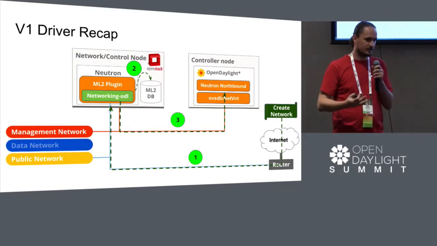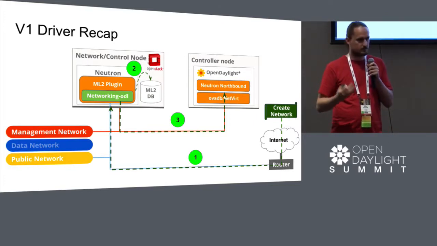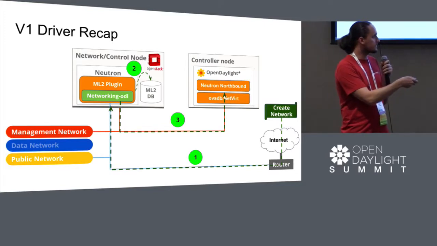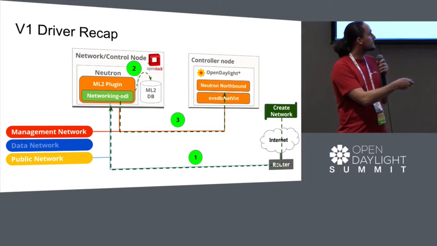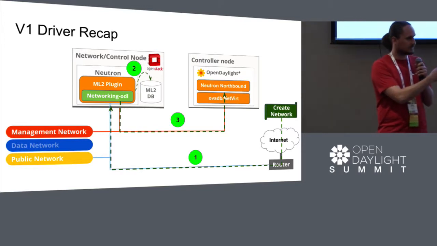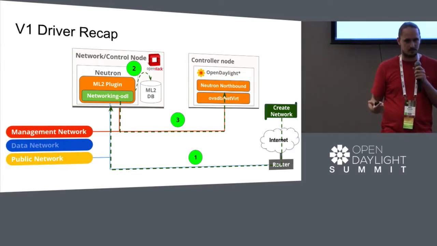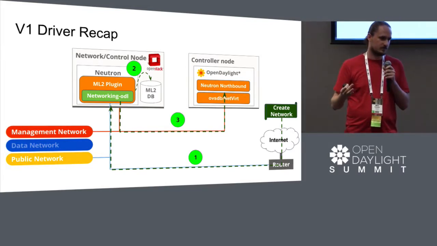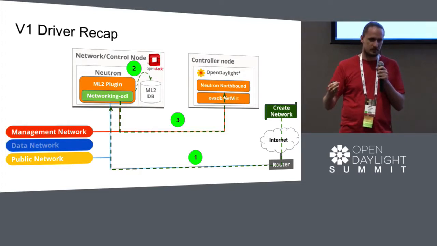So what happens basically for each call that we get, like the create network, or create port, or create router, whatever, it gets to the corresponding either this ML2 mechanism driver or the layer 3 plugin, and then that code directly calls OpenDaylight.